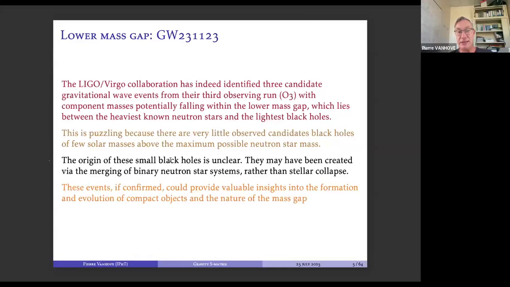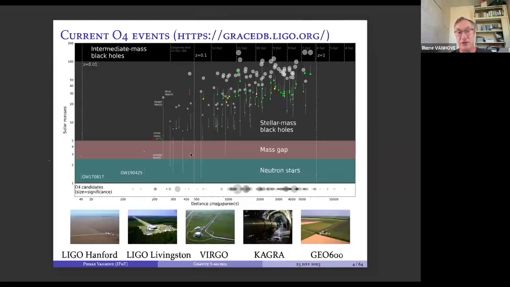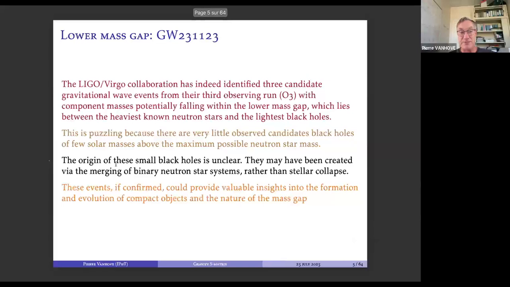It seems that there could be an event in this very small black hole band, which is a puzzle. It's not clear if this is really a confirmed gravitational wave event from merging black holes, and the origin of these small black holes is very unclear.